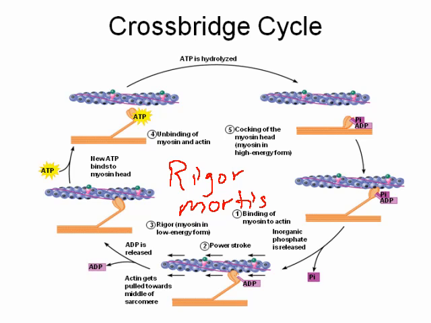Well, in order for the muscle to go from this rigor state, where you have the actin and myosin cross bridge forming, ATP, when it binds to the myosin head, is going to permit the dissociation of the myosin from the actin, which is going to allow the muscle to relax.